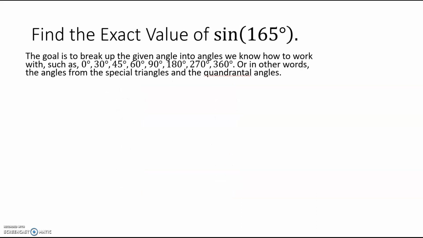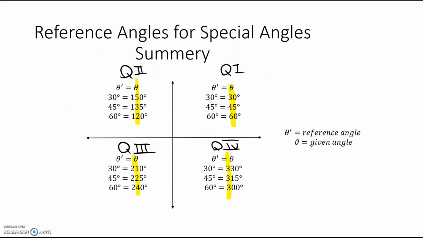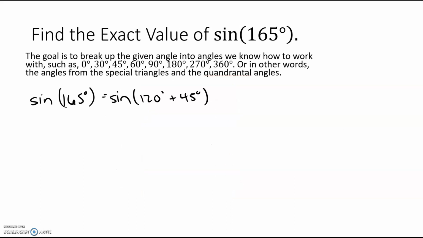So for like this one, if we try to find sine of 165, well, I can do sine of 165 and set that equal to sine of 120 plus 45. 120 is right here. It has a reference angle of 60, which is one of our special triangles.